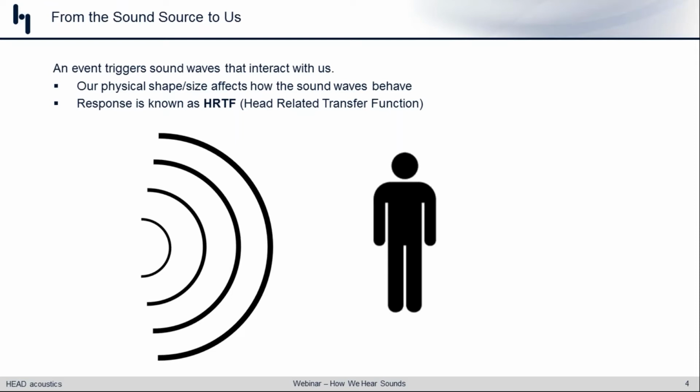Now, what is interesting is that our physical shape and size will affect how the sound waves behave in and around us, and that response is what we call the head-related transfer function, or HRTF.